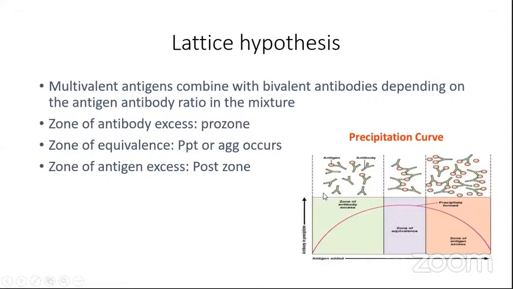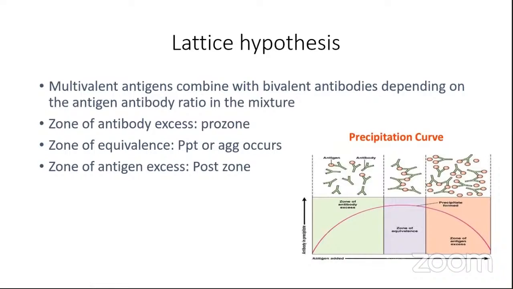During the course of illness, there is a zone of antibody excess which is called the prozone phenomenon. This prozone phenomenon is a classical example which occurs especially in brucellosis.